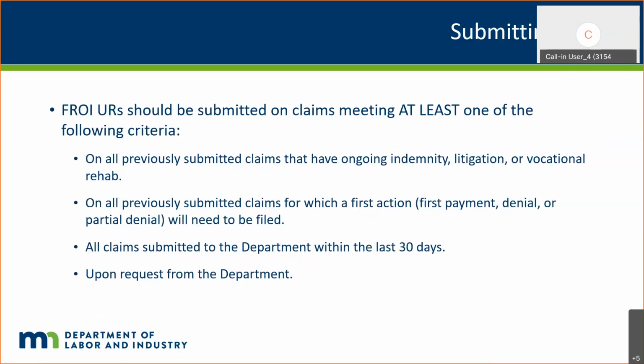So any claims where you sent us a first report of injury in the last 30 days, we recommend that you submit those URs since there's likely to be additional action. And then also upon request from the department. Upon request from the department would likely just be a letter from our compliance department asking about a UR.